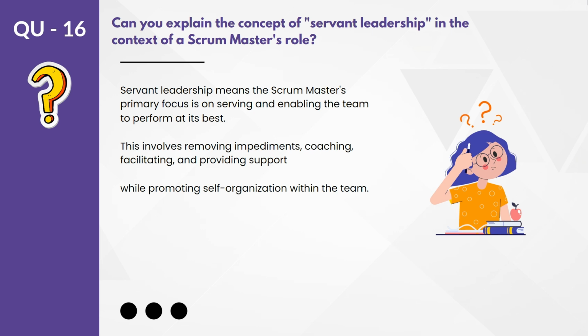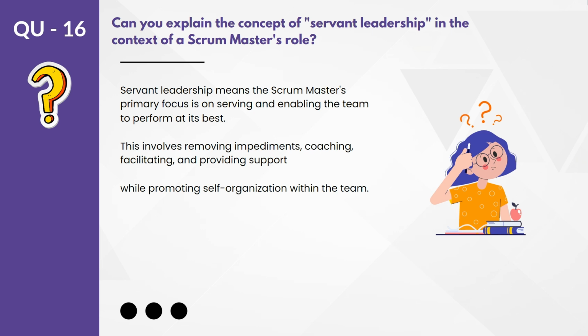So when you get this question, servant leadership is a type of leadership approach, a leadership style. You should first talk about what servant leadership is. It means the Scrum Master's primary focus is on serving and enabling the team to perform at its best.